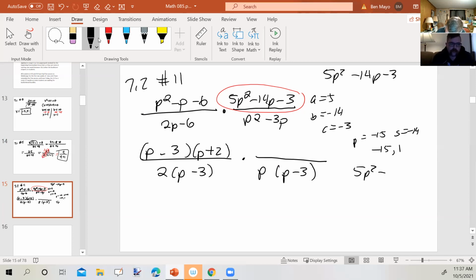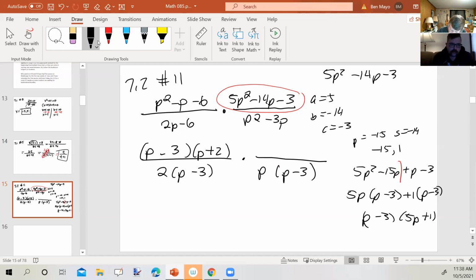So 5P squared minus 15P plus 1P minus 3. Factoring by grouping, greatest common factor, 5P, the leftovers P minus 3, the leftovers P minus 3 with a +1 outside. So P minus 3, 5P plus 1. Any questions on all of that?